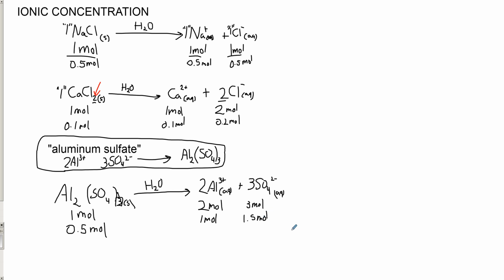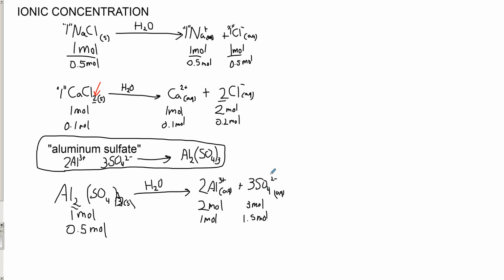We are breaking up these ions and we're putting whatever subscript they had in front. So Al2, 2 aluminums in this molecule, when it dissociates, when it breaks down into its component ions in water, we put a 2 out front there. 3 sulfate ions in the molecule, when they break down, it's going to give me 3 sulfate ions in the solution.